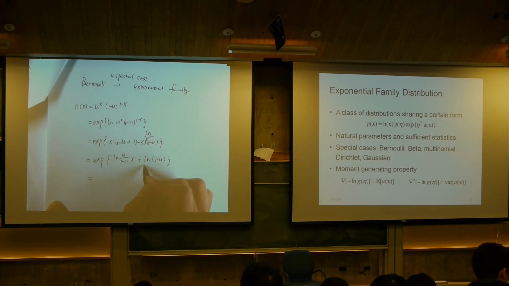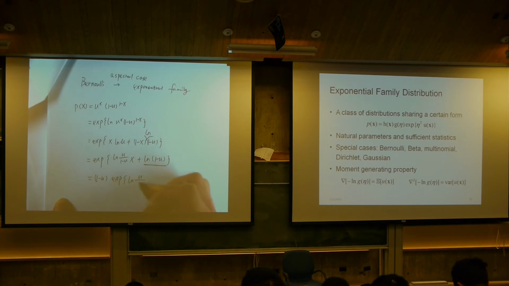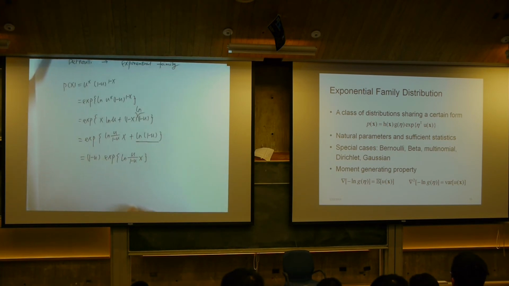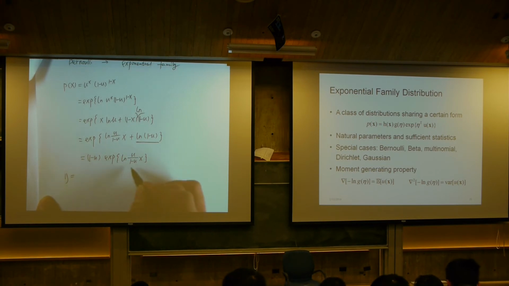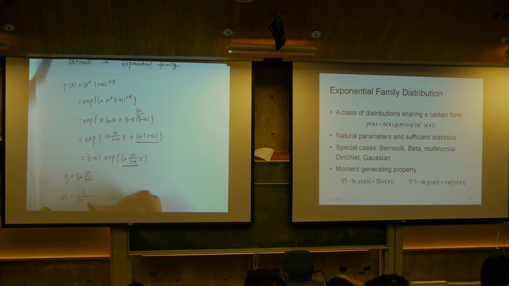Now we take this term here outside of the exponential. We get 1 minus mu. Let's introduce another variable eta equal to this quantity here, log of mu over 1 minus mu. And then mu becomes 1 over 1 plus e to the minus eta.